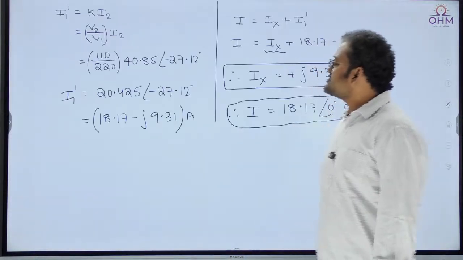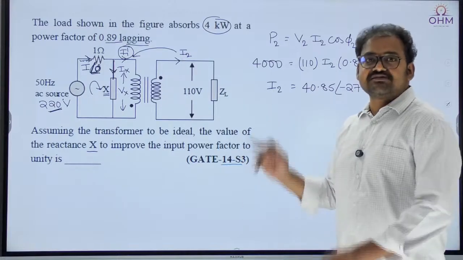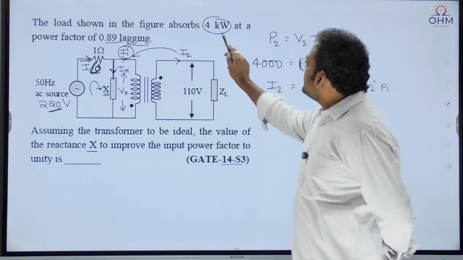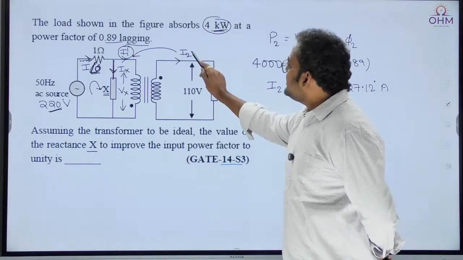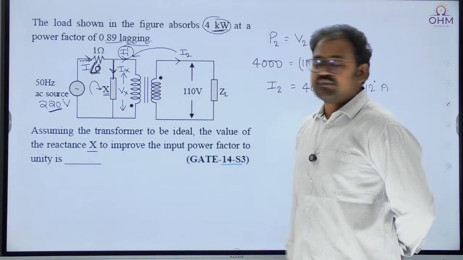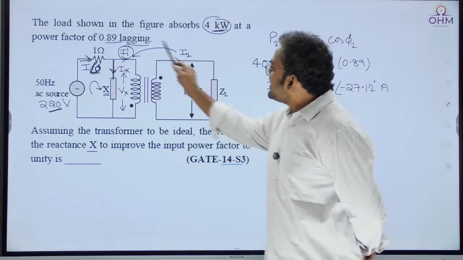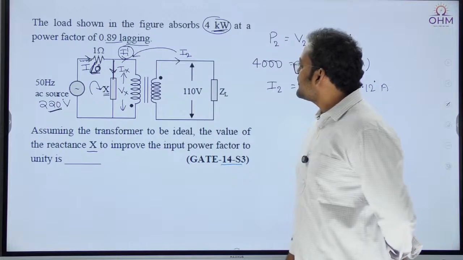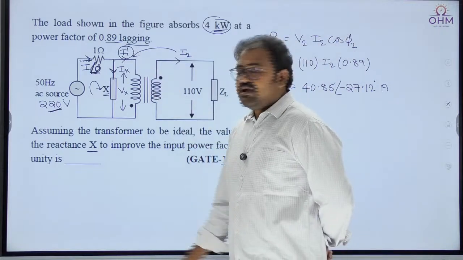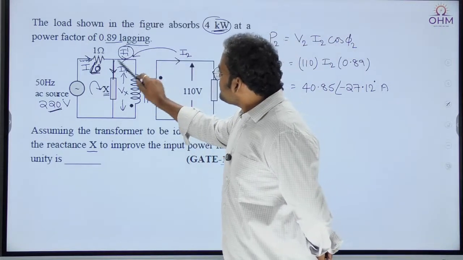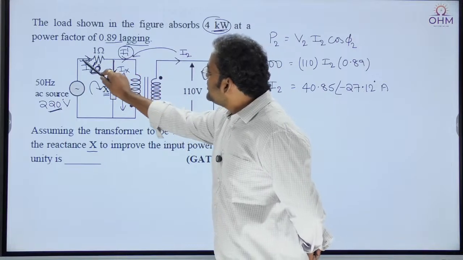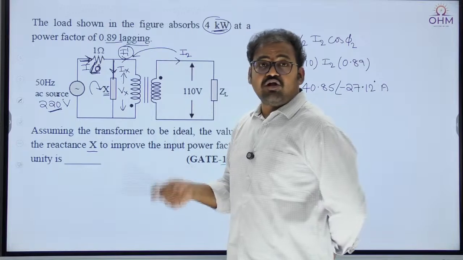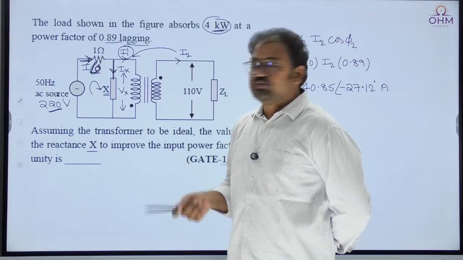So what I did in this question, I must say this is like an electrical circuit question rather than a transformer question. Based on the given output power, I calculated the secondary current. Then I transferred this secondary current to the primary side using the turns ratio. I got I1 dash. And then I1 dash plus Ix summation should give you the total input current I. And as I said, the overall power factor has to be improved to unity.